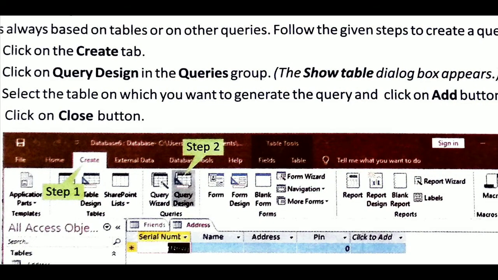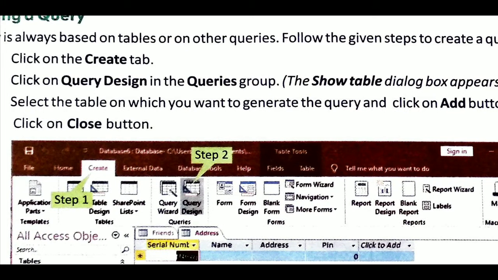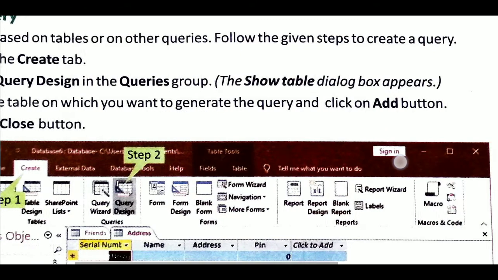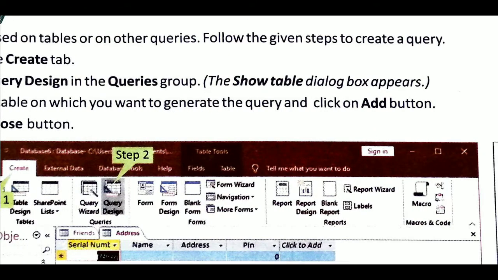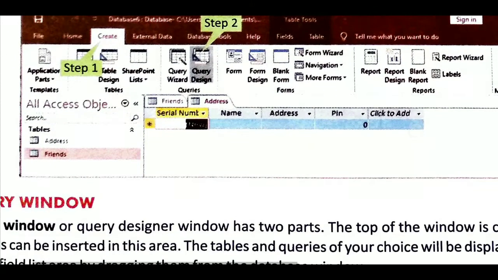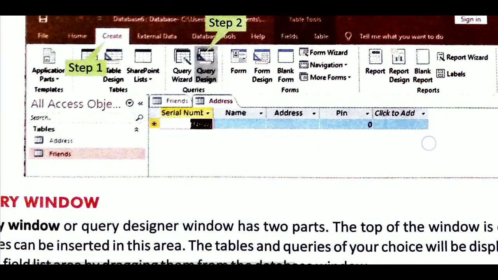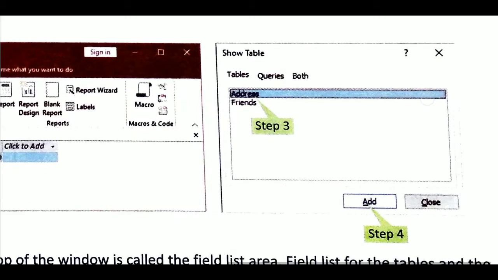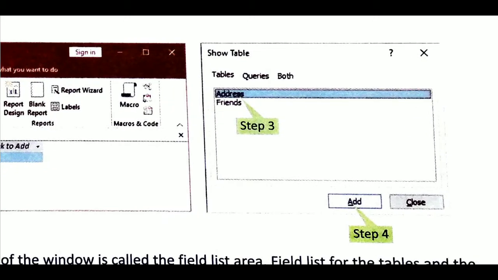The queries group is here, so you can click on Query Design like this, and the Show Table dialog box appears. See, this is the dialog box that appeared, the Show Table pop-up box, and here is the table, Friends.